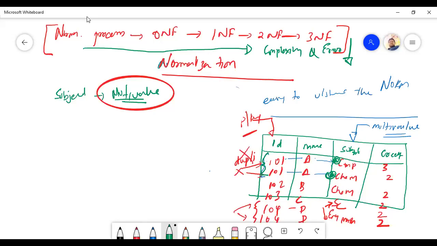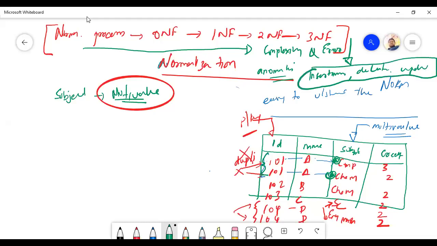When you reduce this complexity and errors, your tables will be easy to modify. Modify in the sense you can mitigate or reduce the anomalies. Anomalies mean problems. We already learned this: insertion, deletion, update, these kinds of problems and errors we can reduce.